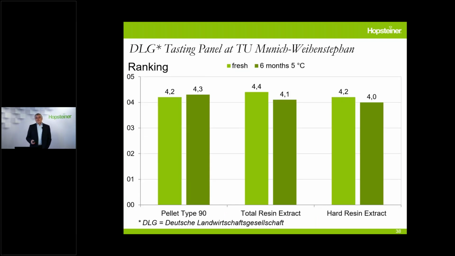And as a summary from all the tastings, I show you the result of the tasting panel at the Technical University Munich, Weihenstephan. So the beers were tasted in the fresh stage and after storage for 6 months at 5 degrees, and you see very, very similar values and no big differences between the various products.